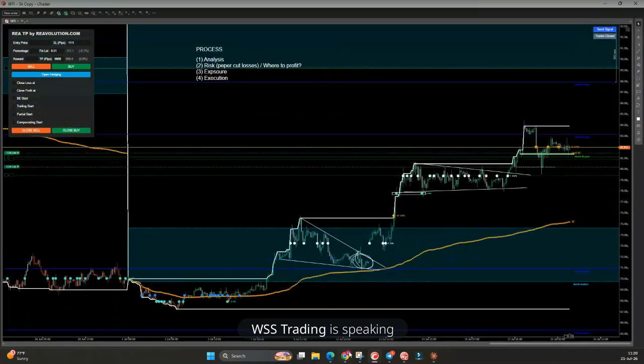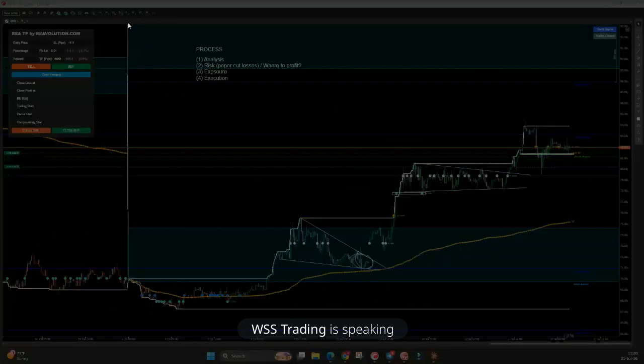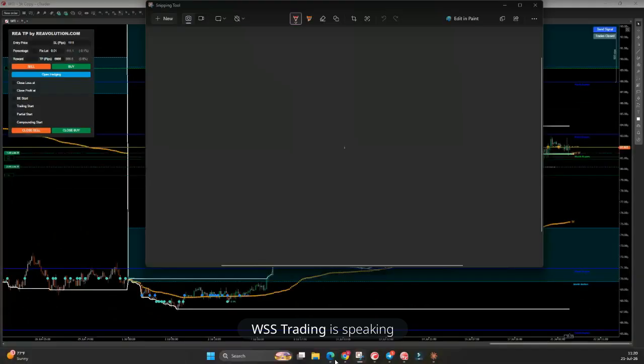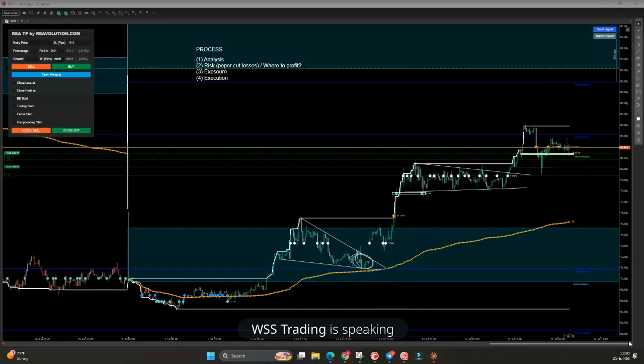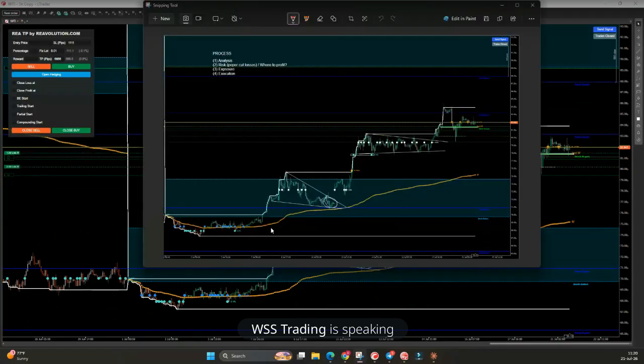What do I mean by this? If we're looking at the monthly level of price action, and I'm just still showing you the very first part of this process, which is analysis, and it's something I will work on with a lot of detail. But look at how this market is moving. Extension, pullback, break of extension, pullback.